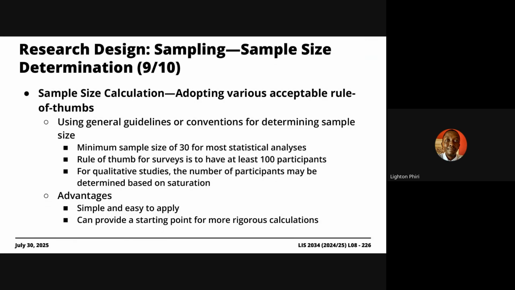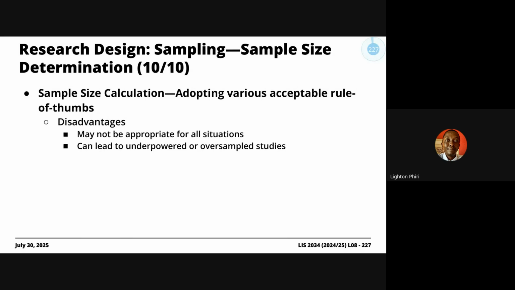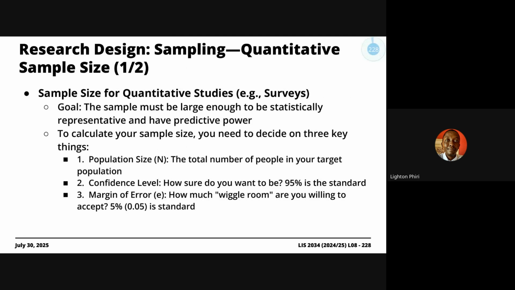So it can be simple and easy to apply, and can provide you with a reasonable, good enough starting point. However, it may not be appropriate for all situations. Maybe your study has certain characteristics that are different from what is being prescribed as guidelines, and as a result, you end up with an oversampled or underpowered study, ideally.